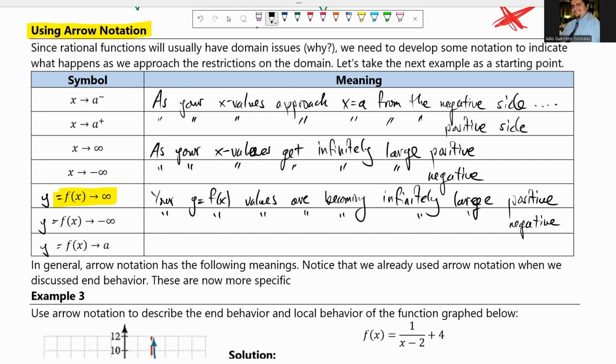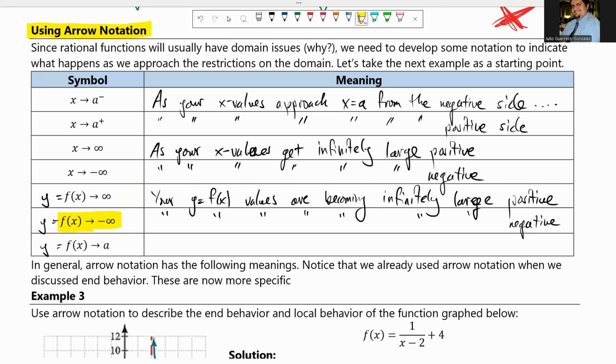You only need a couple of them to make sense of it all. The next one down is saying that we're letting our f of x values, or our y values, go to negative infinity. So they are becoming infinitely large negative values.